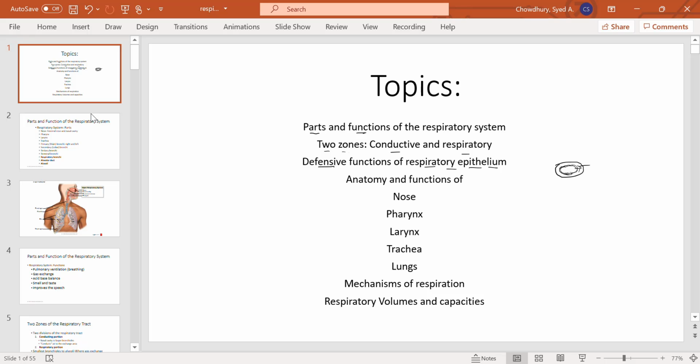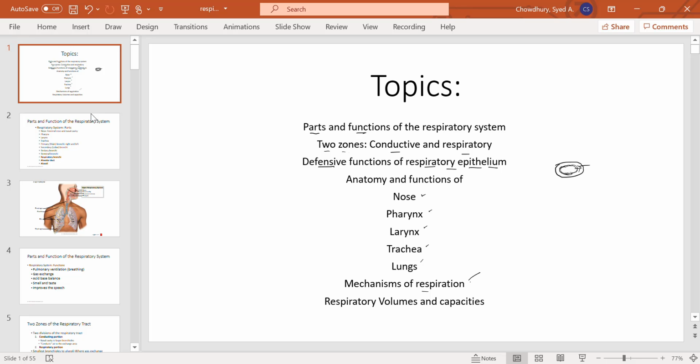Okay. Then we will talk about the anatomy of your nose, that means the structure of the nose, pharynx, larynx, trachea, and lung. Then we will talk about the mechanisms of breathing or respiration. What's the mechanism of inspiration and expiration?